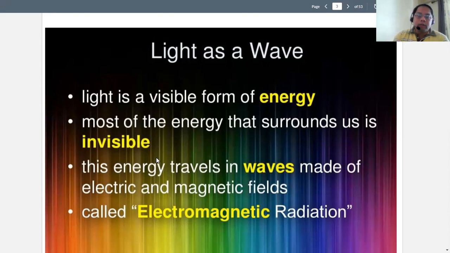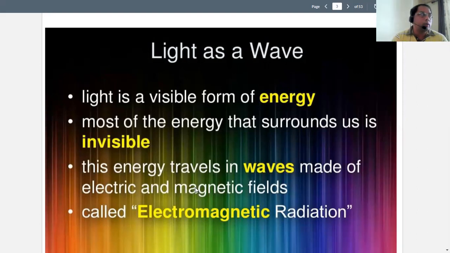However, most of the energy that surrounds us, other than the visible light, we cannot see. We cannot see infrared, we cannot see microwave. Kung nagaluto kamo sa inyo nga microwave oven, you will not see the microwave, you cannot detect it with your eye. Now, this energy travels in waves made of electric and magnetic fields.